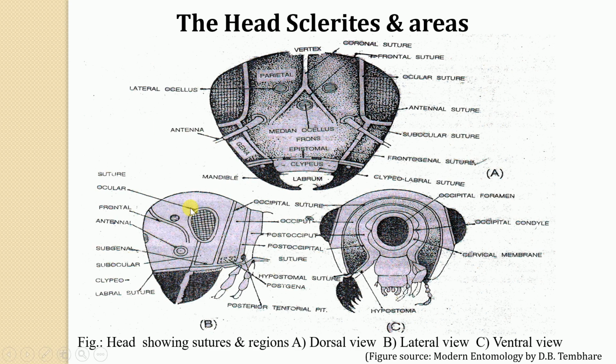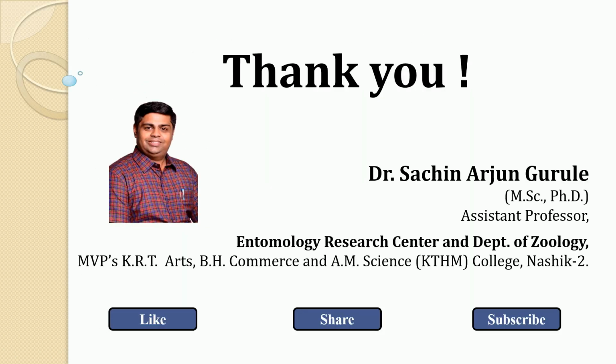Then we have discussed the ocular suture of the compound eyes, and the last one is the antennal sclerite including the antennal suture and the antennae. So this is about the head sclerites and the areas. With this we have completed the insect head skeleton. Thank you very much.